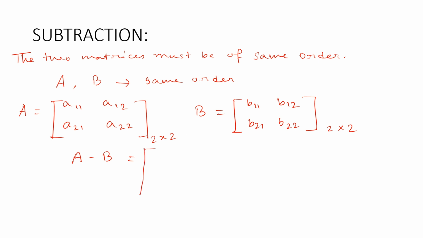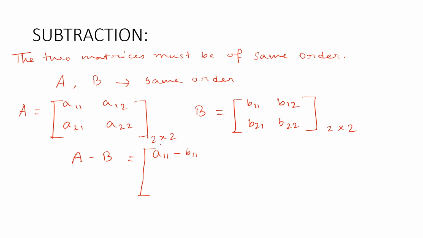So while performing subtraction, we have to find the element-wise difference of these two matrices. What is the first element of the matrix A, that is A11? Now what is its corresponding element of matrix B, that is B11? So we have to subtract B11 from A11.